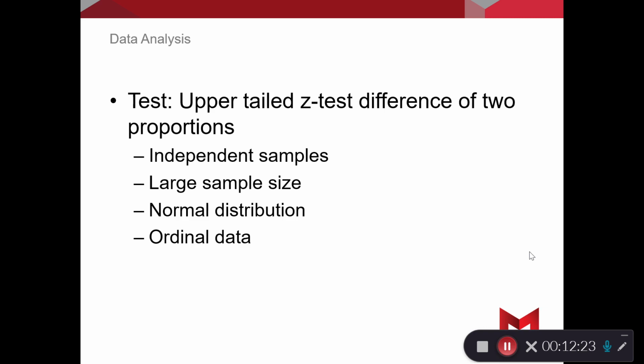This test was utilized for several reasons. First, the pre and post groups are independent from one another. The second reason was that the sample size was greater than 30. The third reason was that the samples had a normal distribution. And lastly, the sample utilized ordinal data, which is the percentages of the patient satisfaction scores.